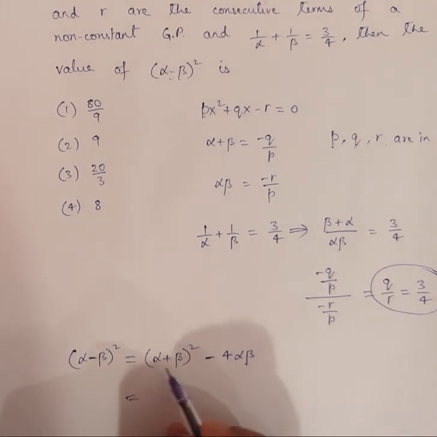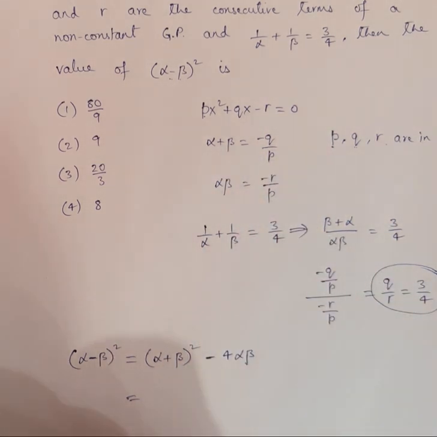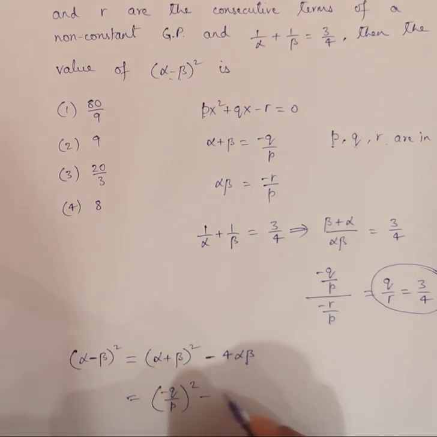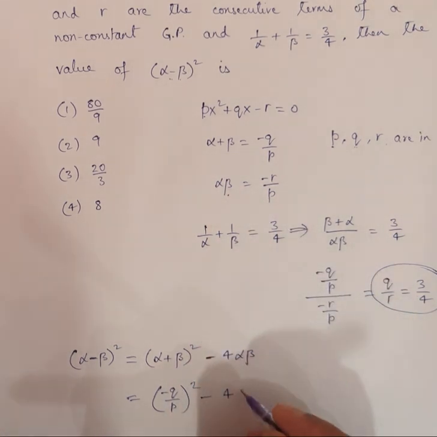Now, what is (alpha plus beta) squared? Alpha plus beta is negative q over p. So (negative q over p) squared minus 4 times alpha beta. What is alpha beta? Negative r over p. So negative r over p.